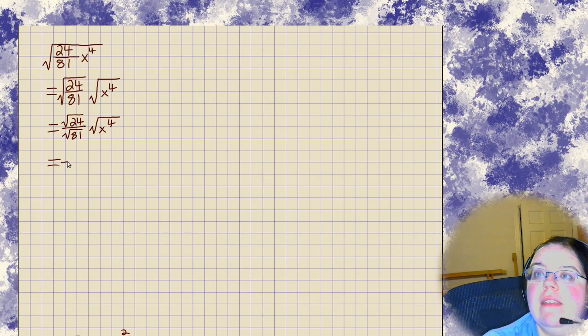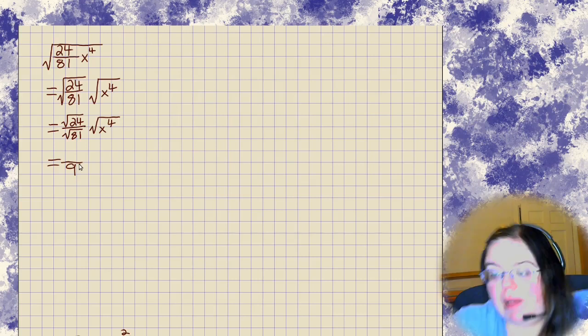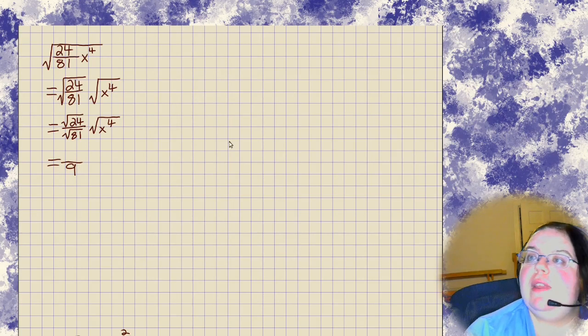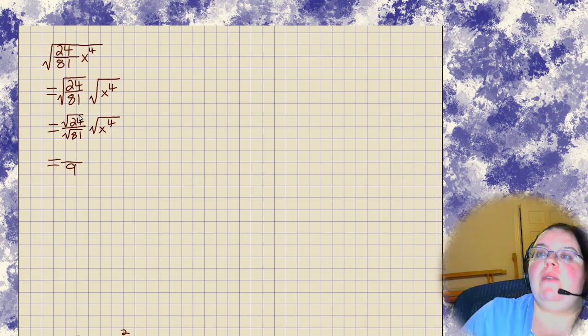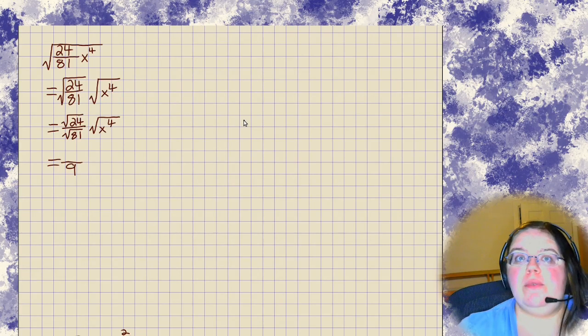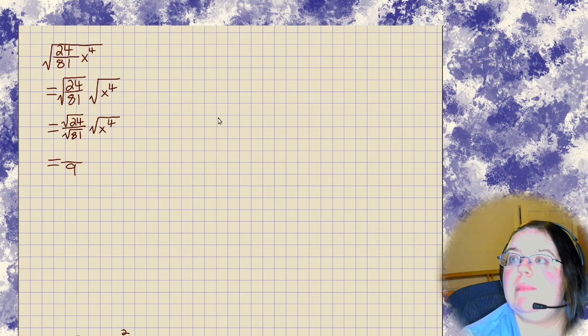So let's look for the easy parts first. I know the square root of 81 would be 9. That just popped right into my head. If it pops right into your head, go with it. The square root of 24 is a little bit harder, and one thing that can help is to factor these numbers down. There's more than one system for organizing this, but I'm just going to try making a chart of factor pairs.